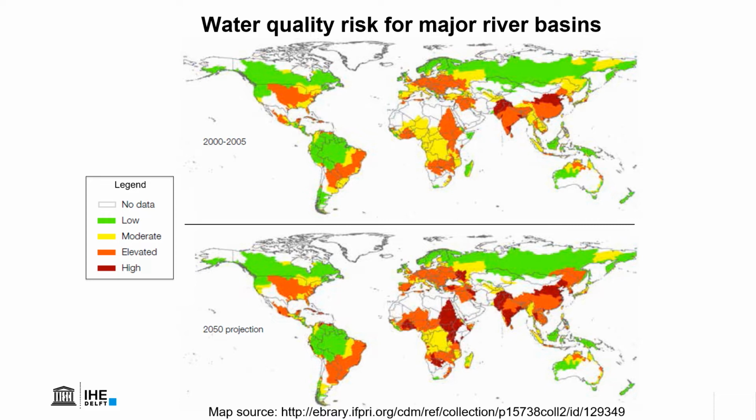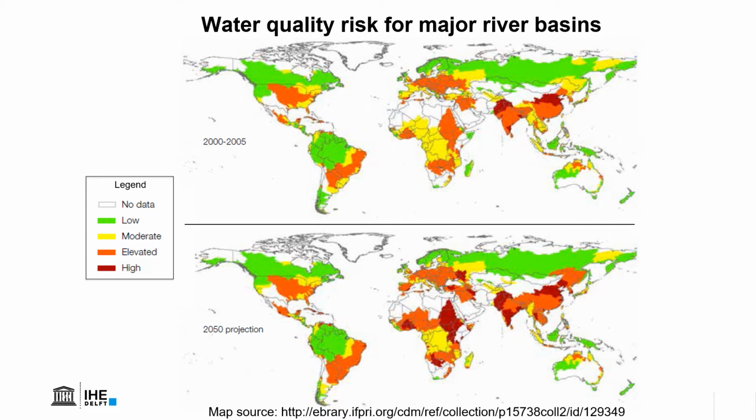The map at the bottom is a projection of water quality risk from nutrient pollution for the year 2050. Areas that are white have no data. Green means that basins are at low risk of pollution. The yellow color means moderate, and orange and red are for basins with elevated and high risks to water quality.